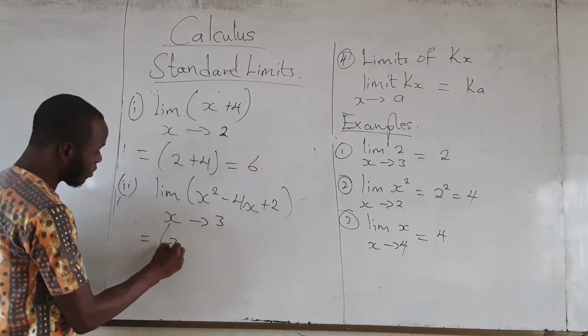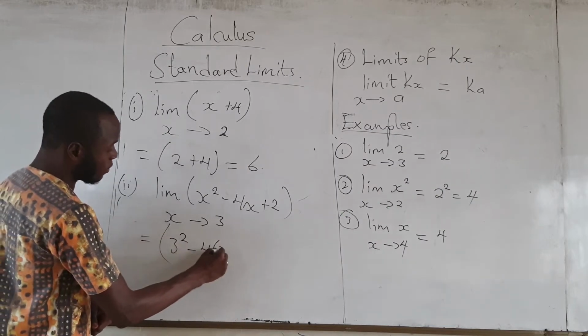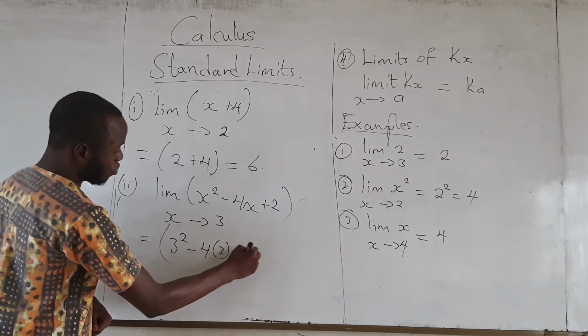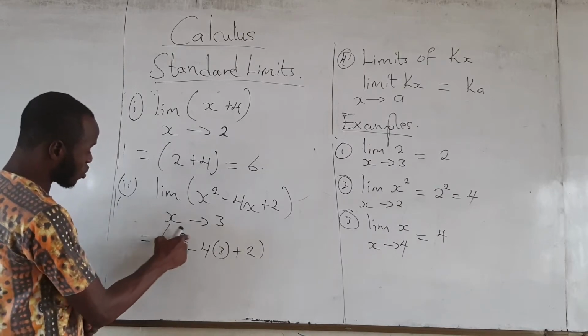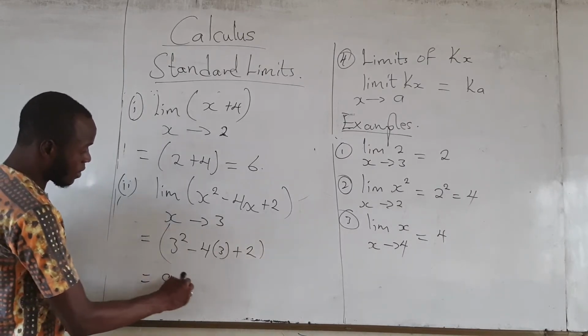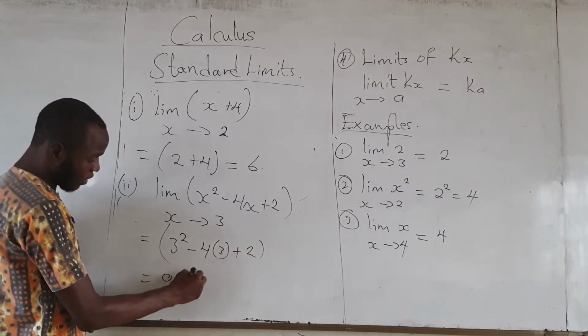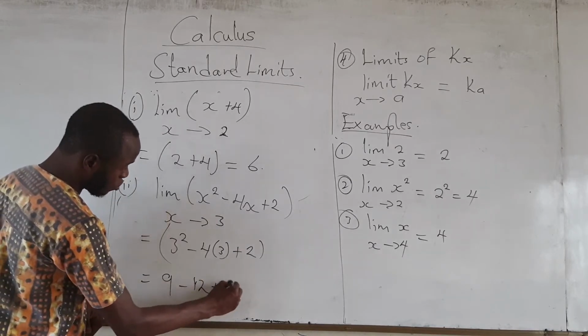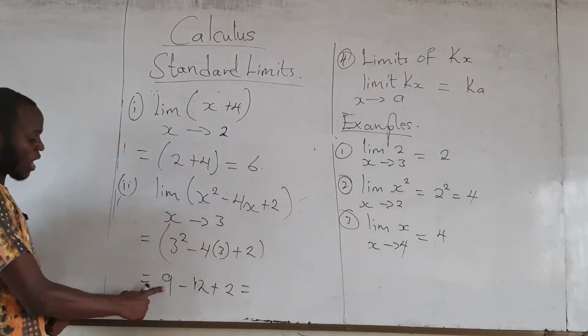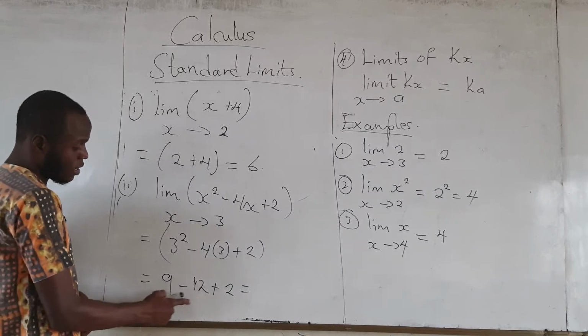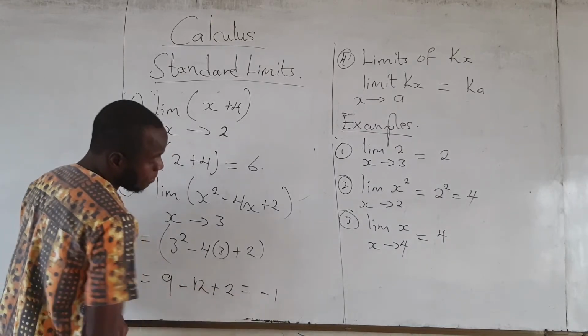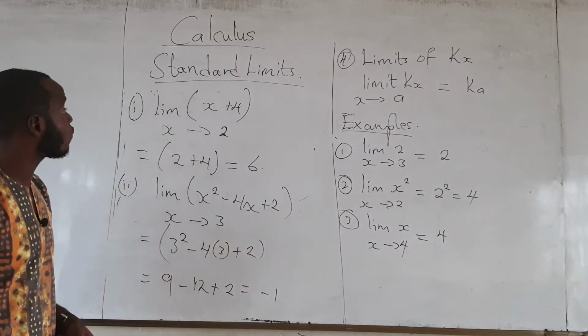So we have 3 squared minus 4 times 3 plus 2. 3 squared is 9, minus 4 times 3, which is 12, plus 2. 9 minus 12 is minus 3, and minus 3 plus 2 is minus 1.